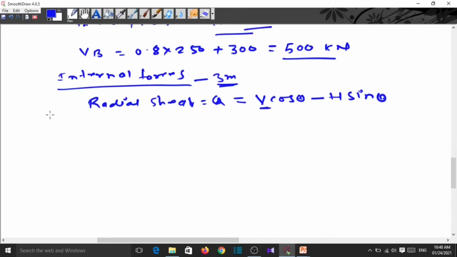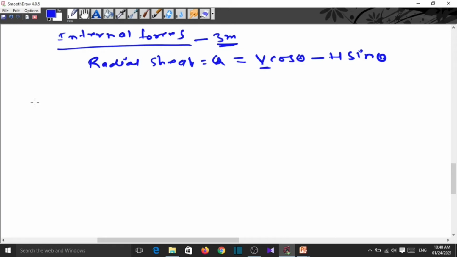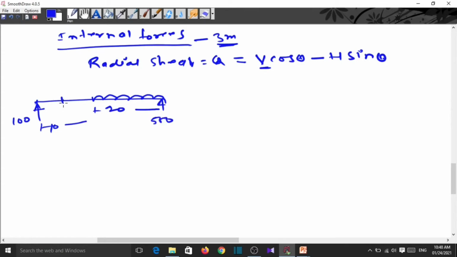So we know here the beam: this UDL is for 20 meter, this is 10 meter, this VA is equal to 100 and this VB is equal to 500. So at 3 meter we want the shear force. So the shear force at this location 3 meter, V is equal to 100.